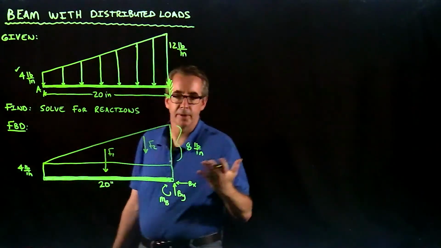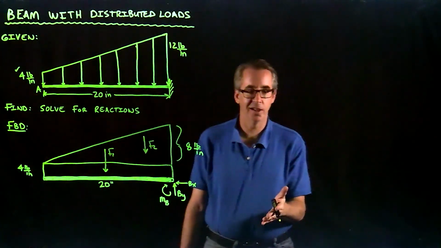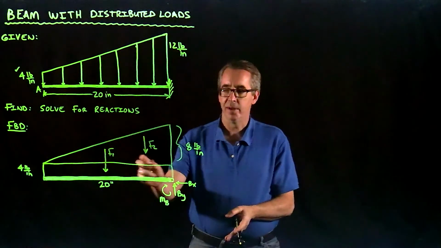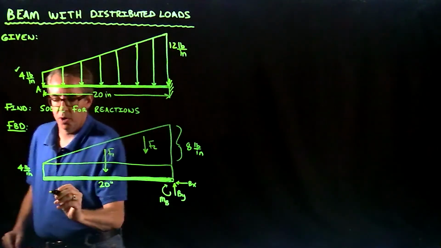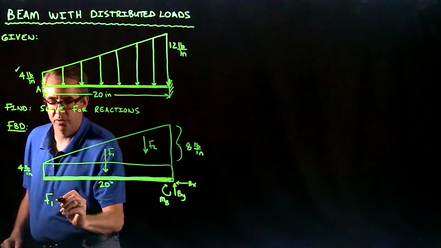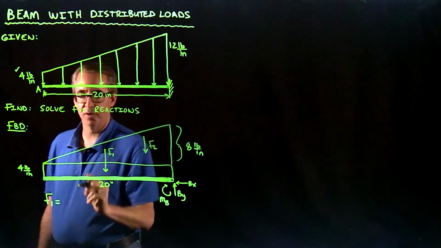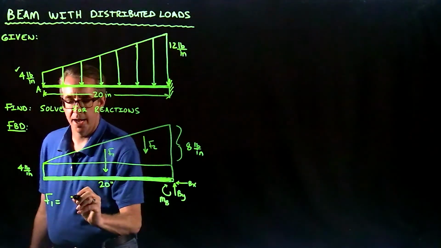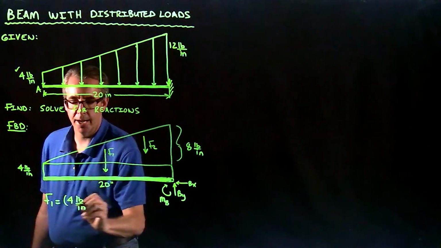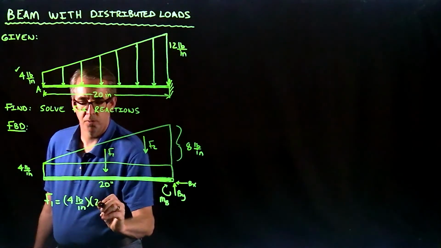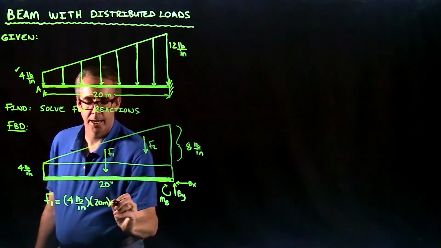So the idea is I'm going to take this distributed load and represent each one as a single force. The magnitude of force 1 is just going to be the area of this rectangle. So we have 4 pounds per inch on the y-axis, and then we have 20 inches on the x.